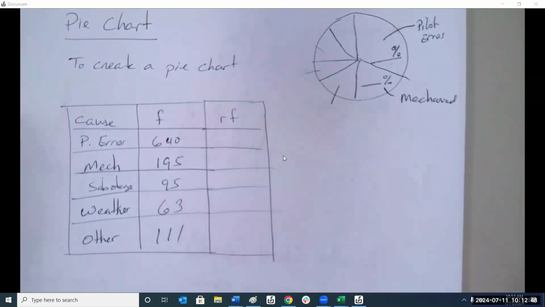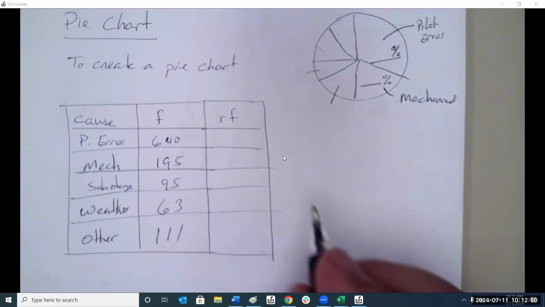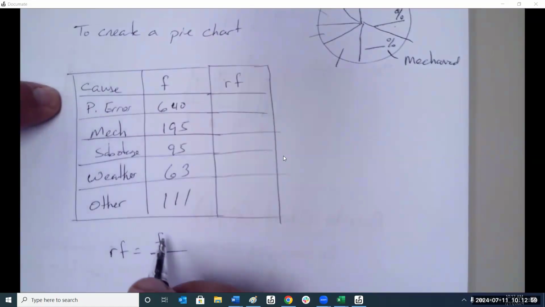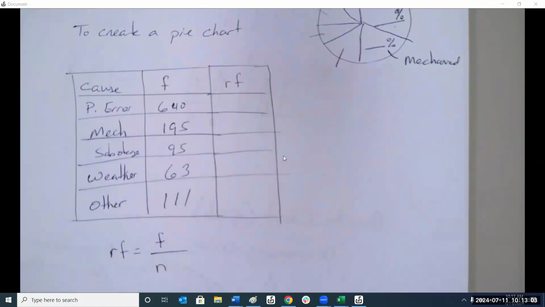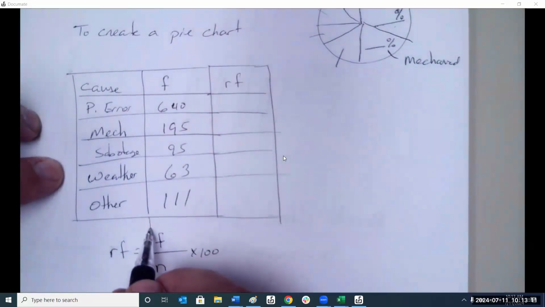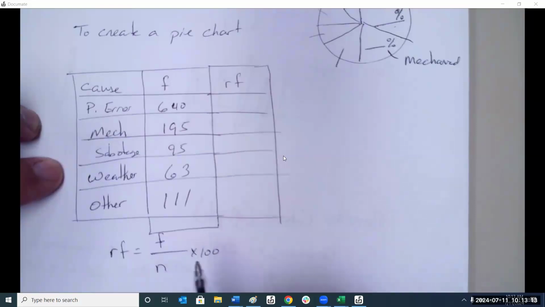Remember how we find relative frequencies? The relative frequency is equal to what? The frequency of that element, over the total number n, times 100. Very good. So the first thing we have to, pardon?